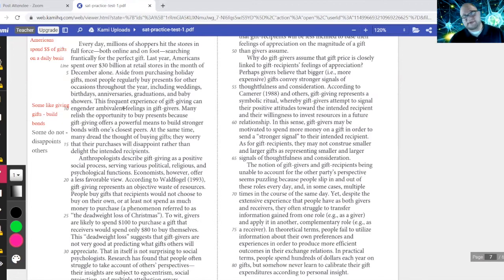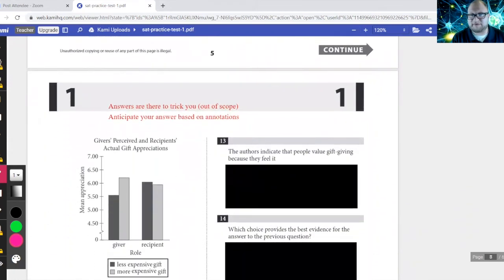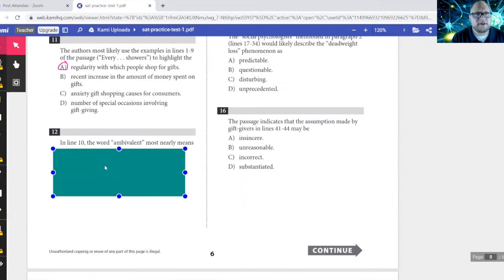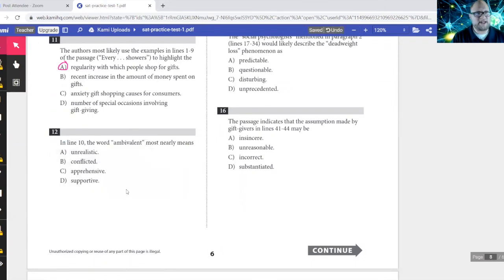So some like, some do not like. So if you think about the aspect of the description details about ambivalent feelings, like, unlike, they contradict or conflict. Could be another aspect of what ambivalent means. You anticipate that answer, and then you will look and see, and by goodness, there is conflicted as one of the aspects of your answers.